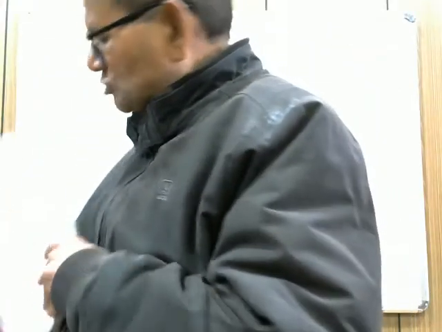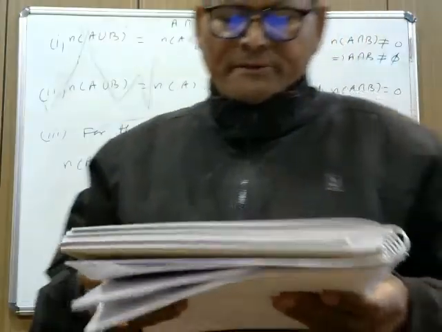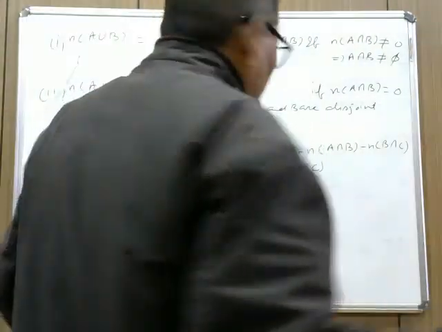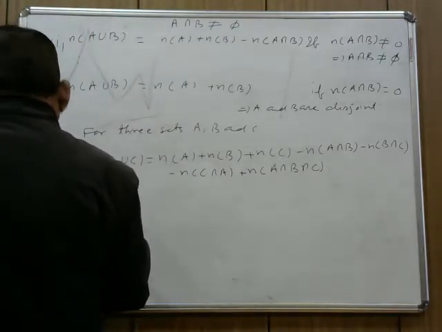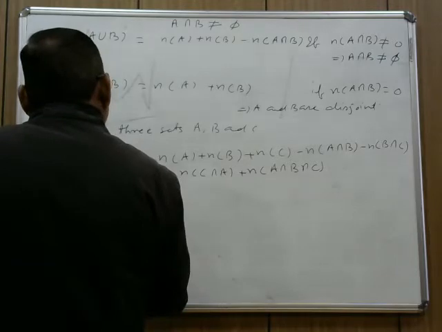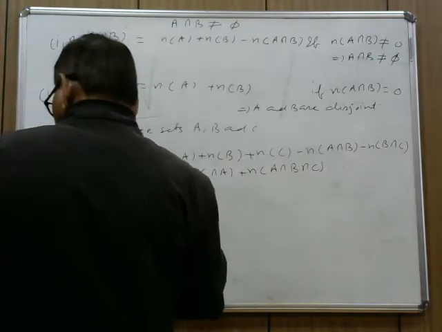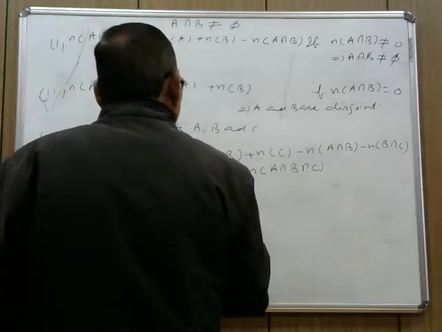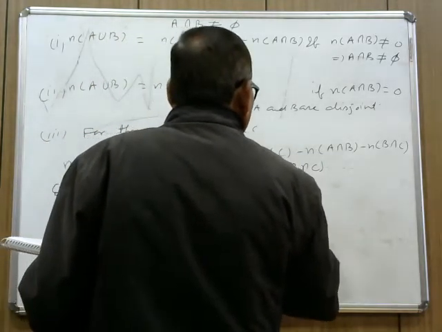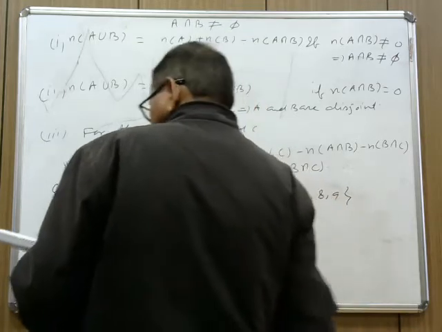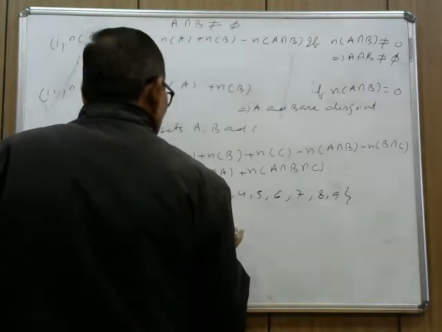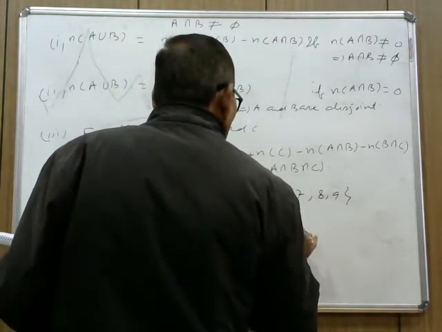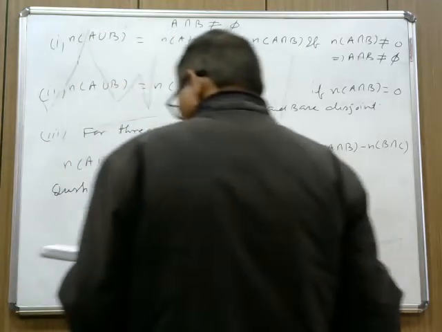Now, some questions on the complement of a set. Question. Let the universal set be 1, 2, 3, 4, 5, 6, 7, 8, 9. Set A equals 1, 2, 3, 4. Set B equals 2, 4, 6, 8.